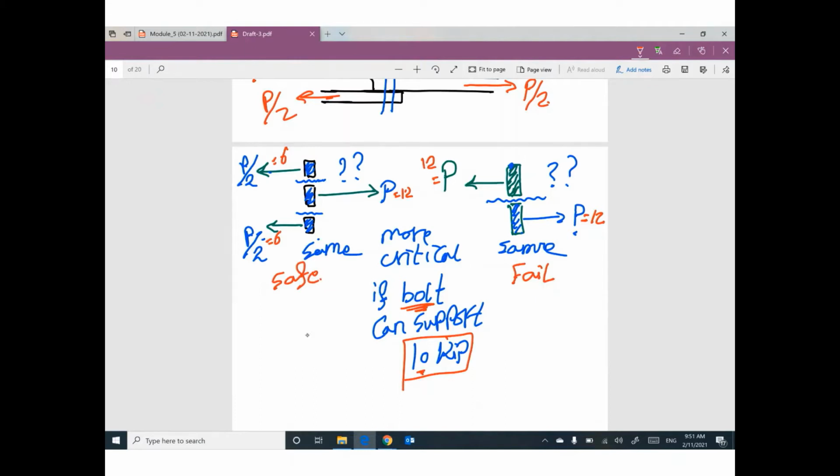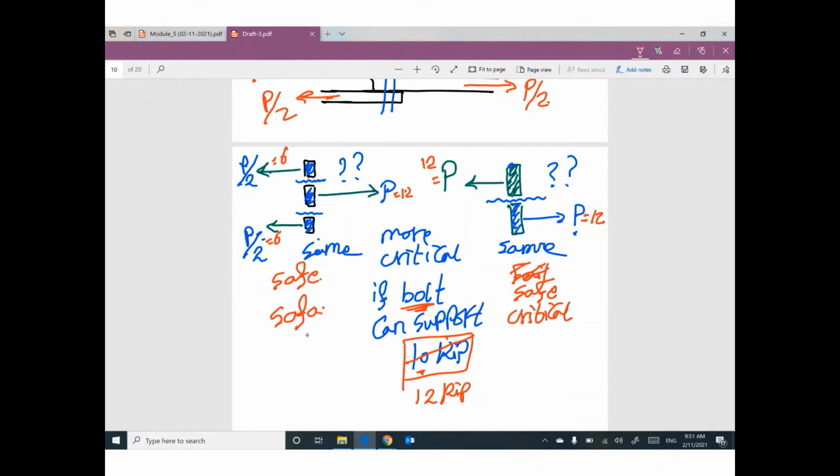What will happen if the bolt can support 12 kip, not 10? This one will be safe, but critical. Very critical. This one is still safe. More safe. Why?